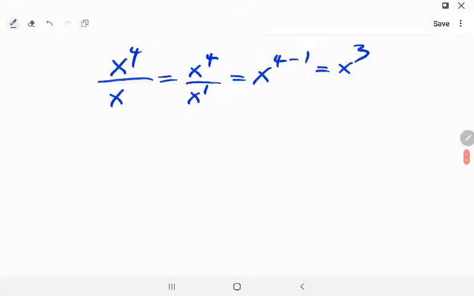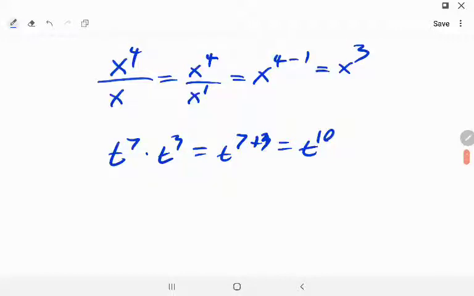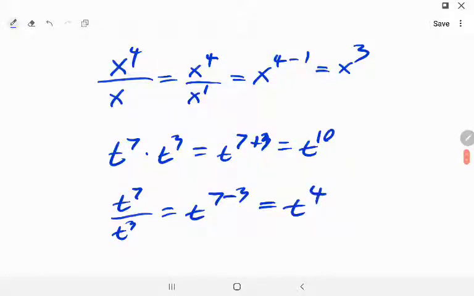So if we were going to look at t to the 7th times t cubed, that would be t to the 7 plus 3, which gives us t to the 10th. If we had t to the 7th divided by t cubed, that gives us t to the 7 minus 3, which is t to the 4th.